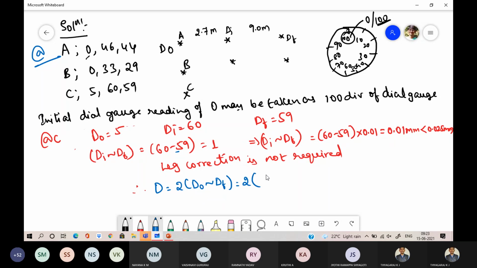What is the D naught value? So 5. How are we going to tackle this one? Here D naught is 5, here DF is 59. How are we going to calculate this one?